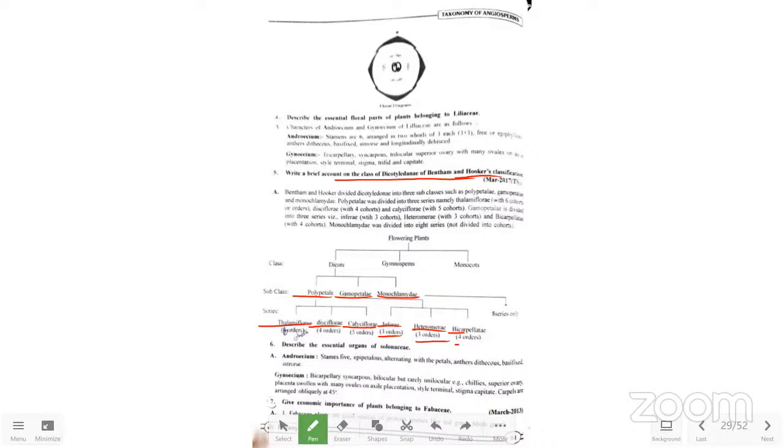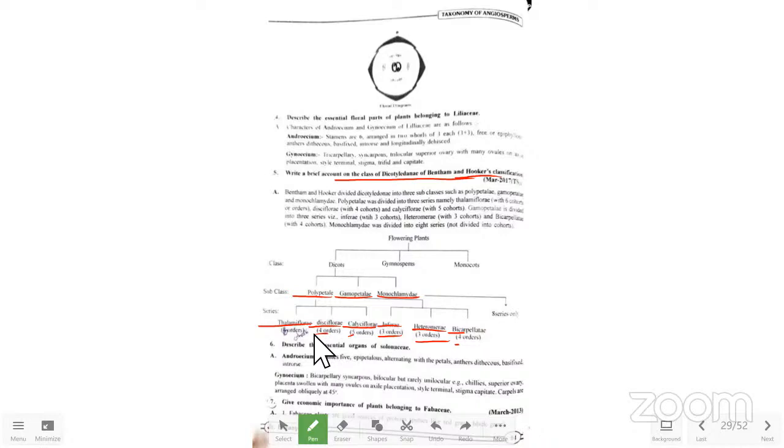And this Polypetalae subclass is having 3 series in it: Thalamiflorae, Disciflorae, Caliciflorae. And the series are again divided into cohorts, that is the orders. Thalamiflorae is having 6 cohorts, otherwise 6 orders, and the Disciflorae is having 4 cohorts, and the Caliciflorae is having 5 cohorts.